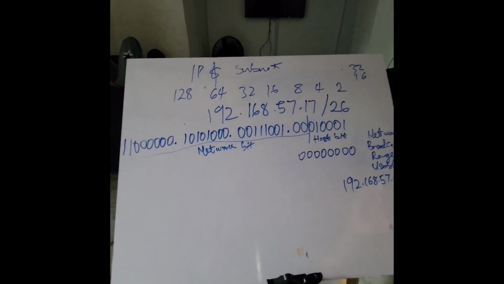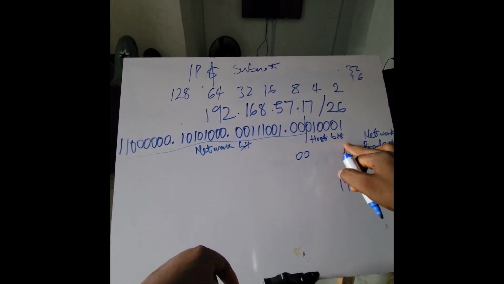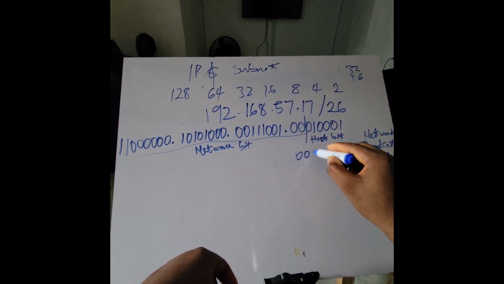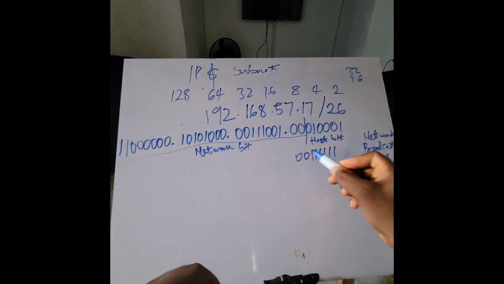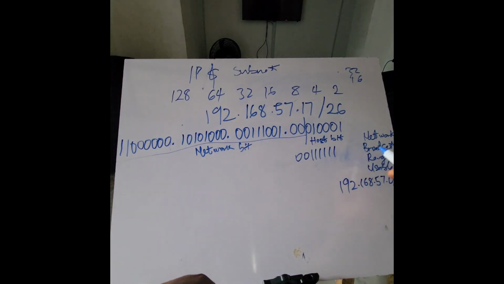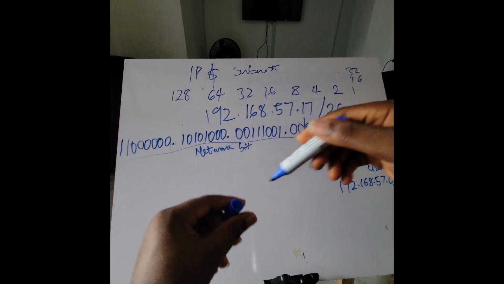And for the broadcast address, we have all ones here. So we have 1 2 3 4 5 6 7 8, so 0 0 1 1 1 1 1 1. If we add, that will be 1 plus 2 plus 4 plus 8 plus 16 plus 32.